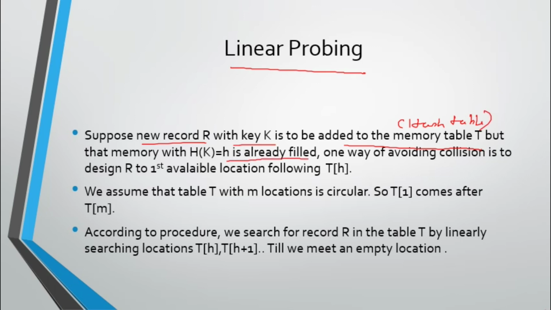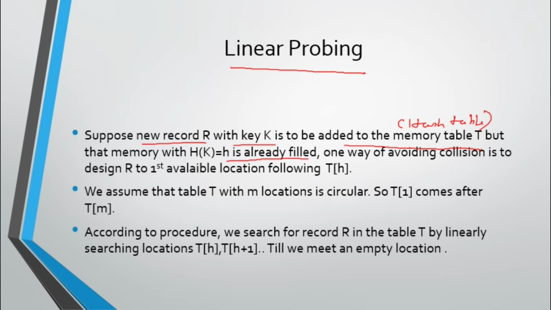Like earlier in the video, when we tried to insert 12 while understanding the division method in the hash function, that location was already occupied by the number 2. We could not put 12 there because 2 was there. When such a situation comes, that's called a collision.